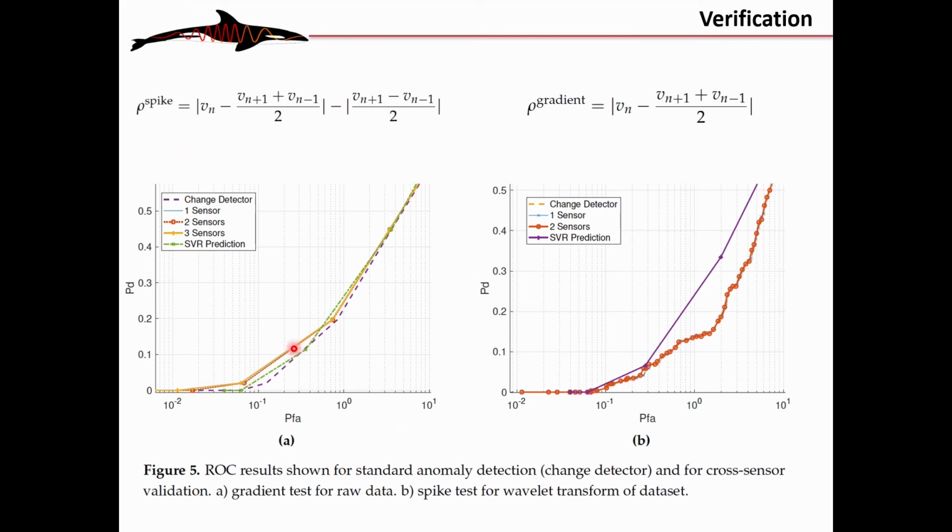And here we show the ROC curve, so the receiver operating characteristic of the detector. On the horizontal axis, we have the false alarm rate, and on the vertical one, we have the detection rate. And we can actually mark the error because we had experts looking at the data, and that data is shown for a year and a half.